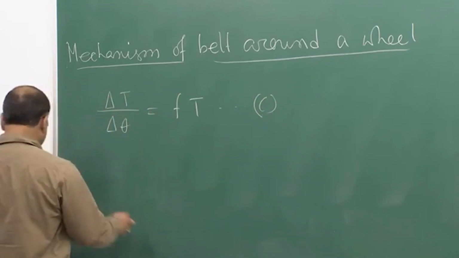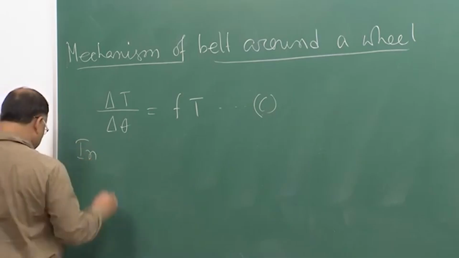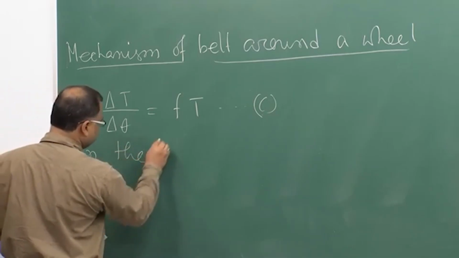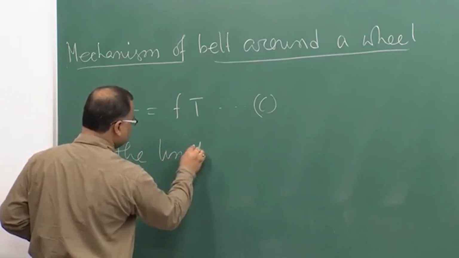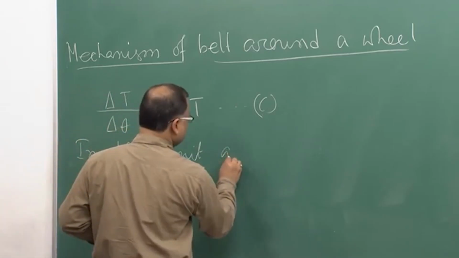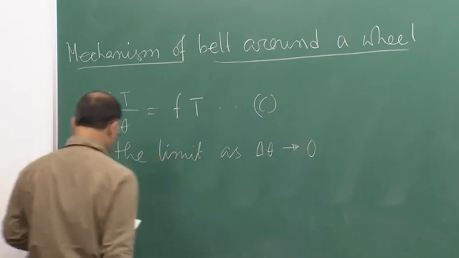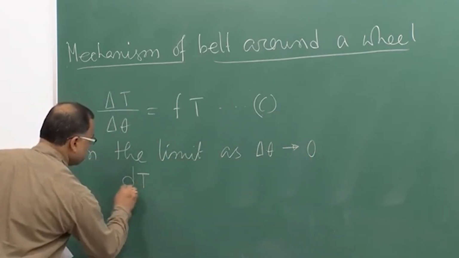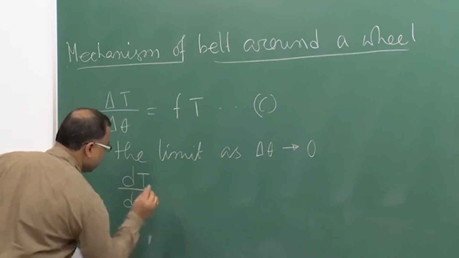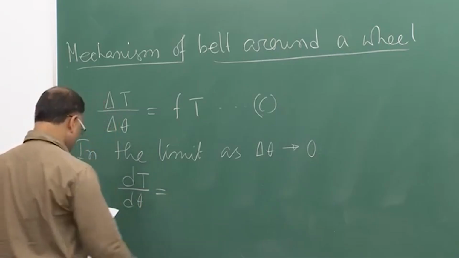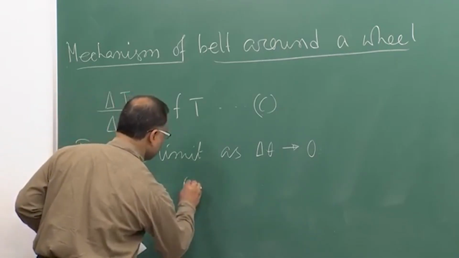Okay. In the limit as delta theta tends to 0, we can simply write dt d theta is equal to f into t.